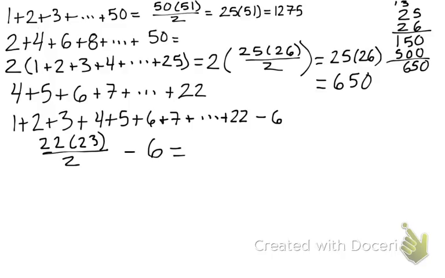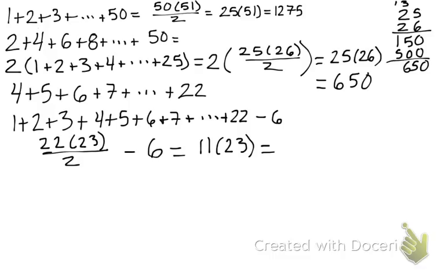So the 22 divided by 2, that'll be 11 times 23. Sophus, what's 11 times 23? 11 times 23. 11 times 23 is... I can do it. Okay. Sophus is really good with his 11s.